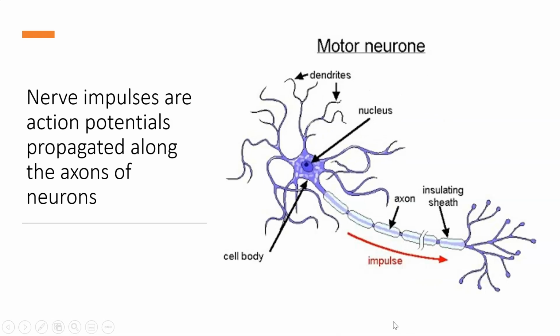So these nerve impulses are just the movement of these action potentials along the axons of the neuron. The movement of those changes in current, or in charge, is what our nerve impulse is.